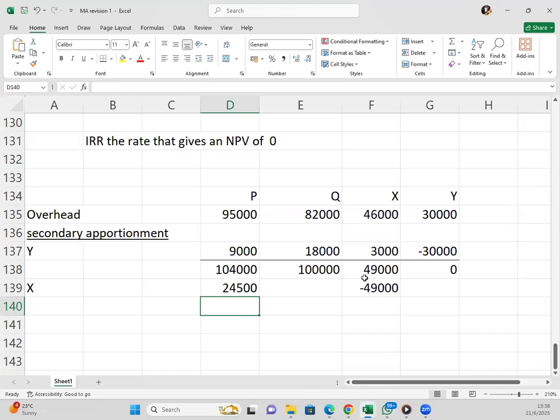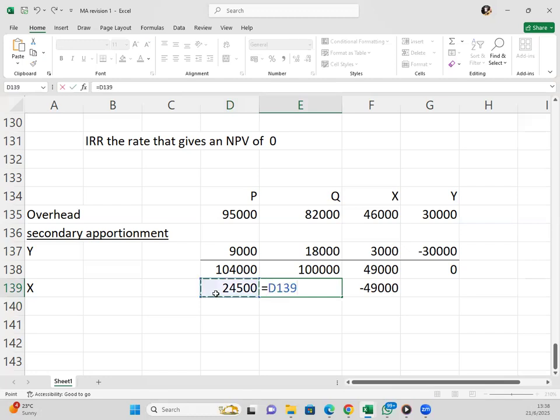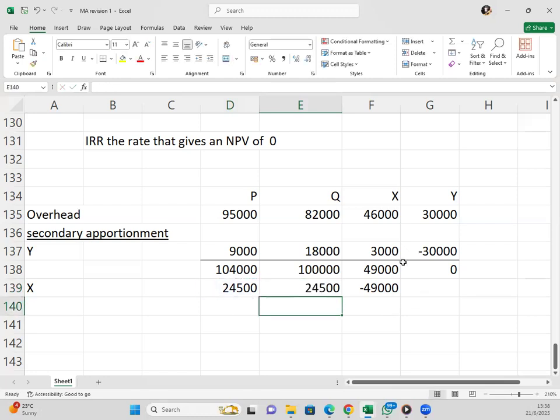That's where we get the 49,000, because Y provided a 10% service to X. When apportioning department X, we apportion the total inclusive of what X received from Y.